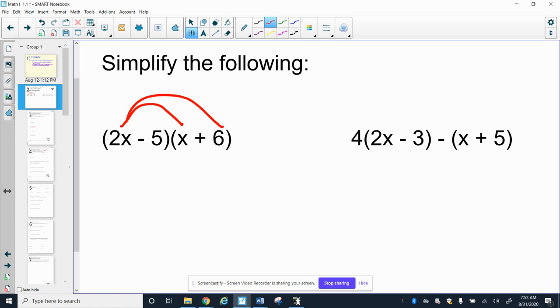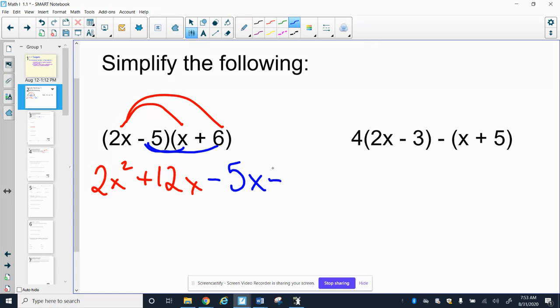So 2x times x is 2x squared, and 2x times 6 is plus 12x. Then we multiply the negative 5 to both of these. Negative 5 times x is minus 5x. Negative 5 times 6 is minus 30.